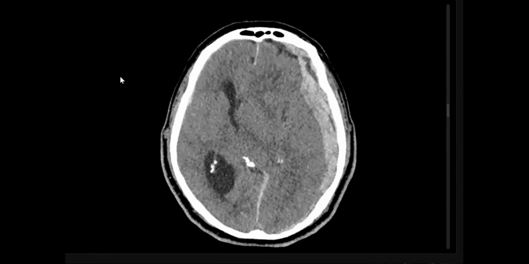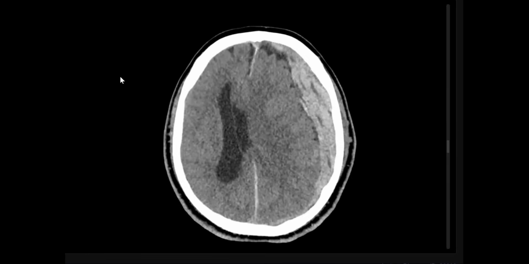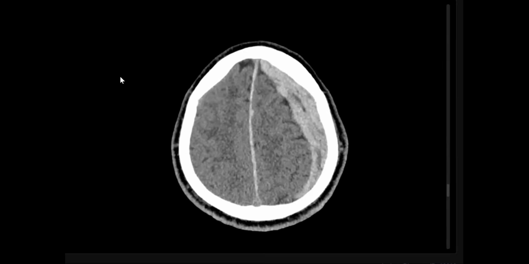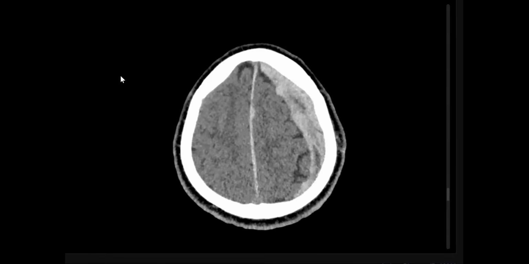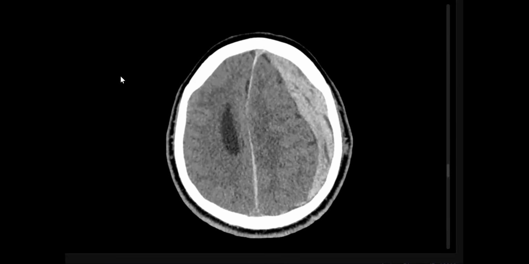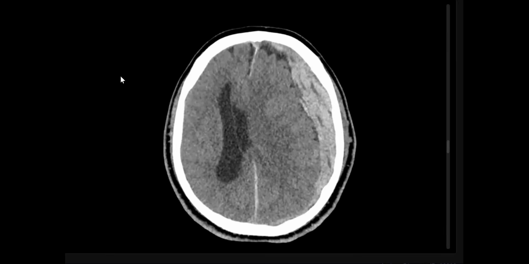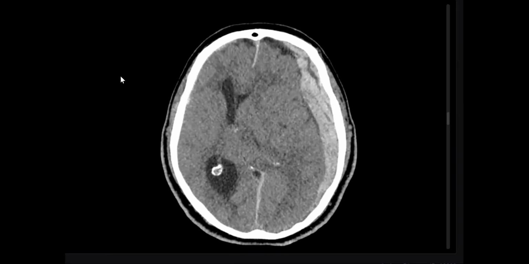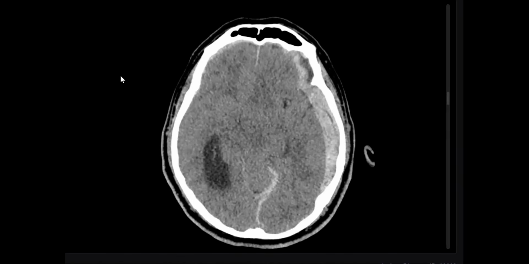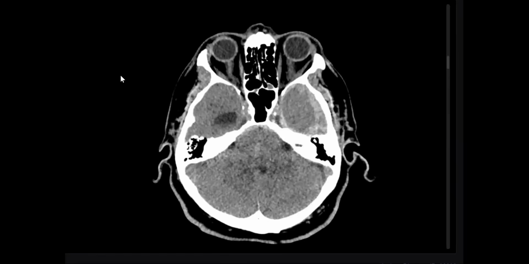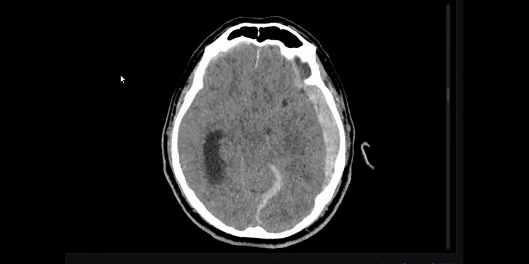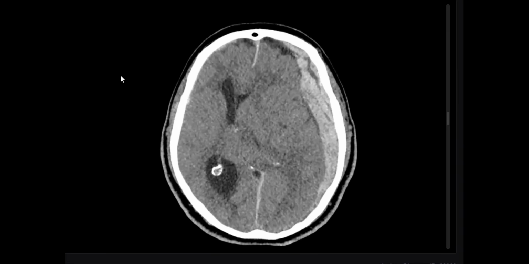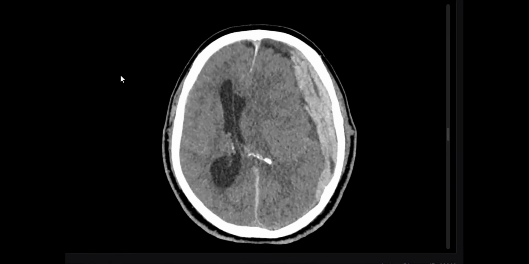elderly fall, loss of consciousness. The main abnormality I can see is a large fronto-temporo-parietal extra-axial hyperdense hemorrhage. This is associated with compression of the left lateral ventricle and shift of the midline structures to the right side.